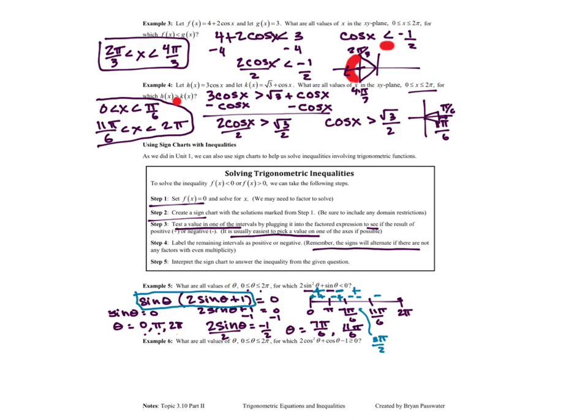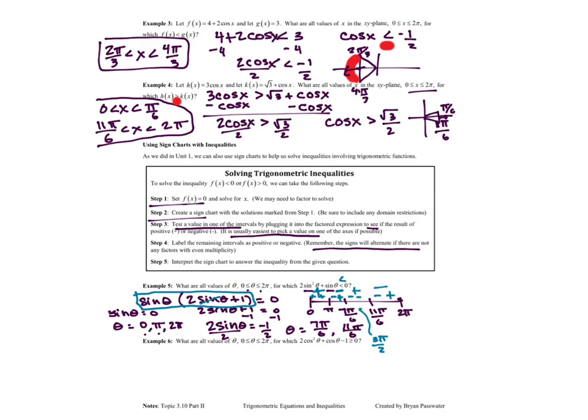Put a negative quarter in here for sine. Multiply it by 2. That's negative 1/2 plus 1, positive. Y'all see? This one does go positive, negative, positive, negative. And so we're looking for times when this is less than 0.